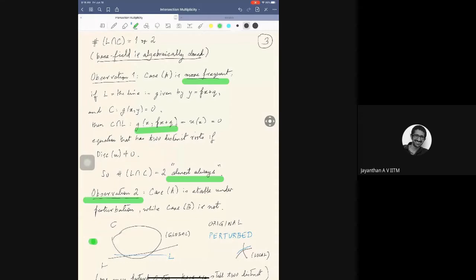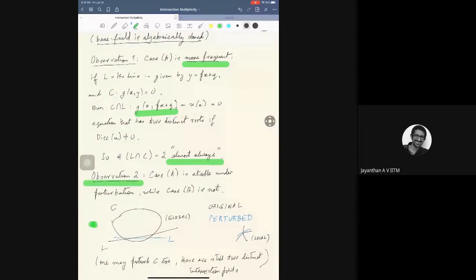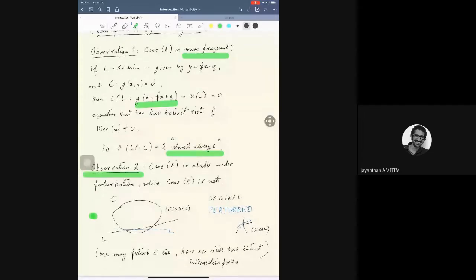Now that is written in parentheses global here, but it is actually true locally too, meaning when we consider higher degrees, which we will in a moment, we could perturb it. So this is the local picture.